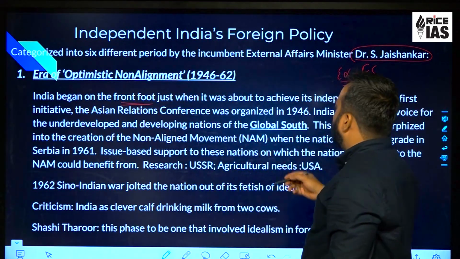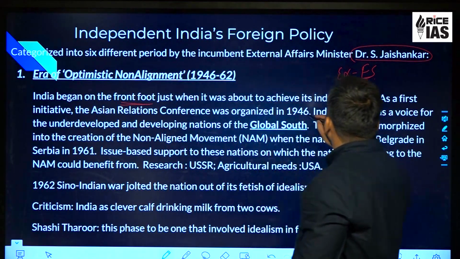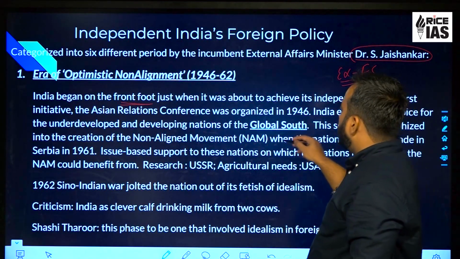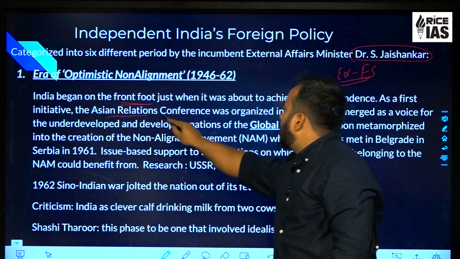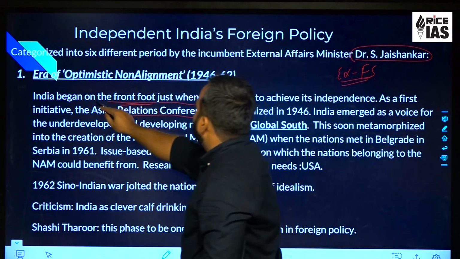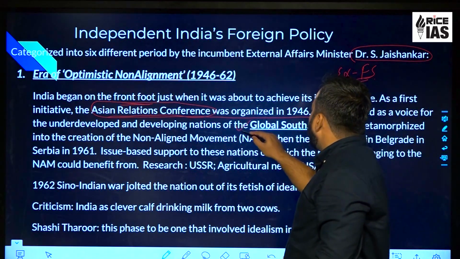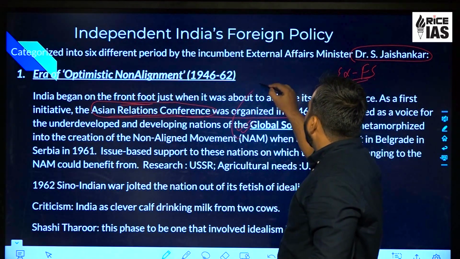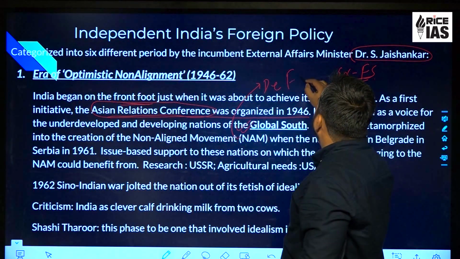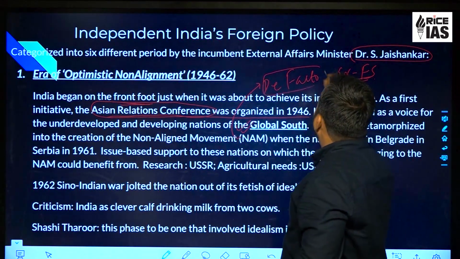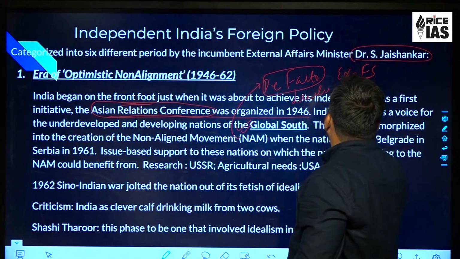Of course, 1928 Belgium. The Asian Relations Conference. The de facto leader of the Global South at that point of time was India.